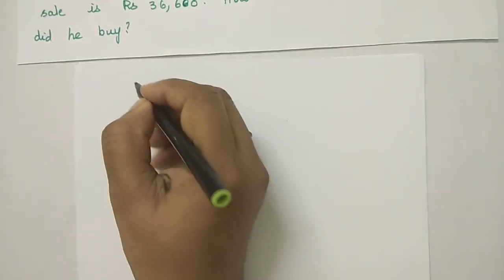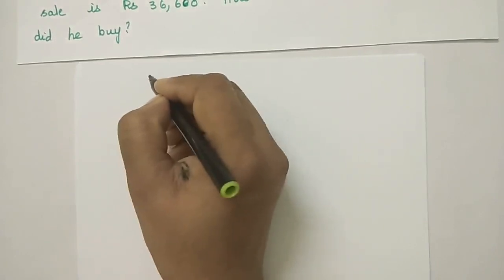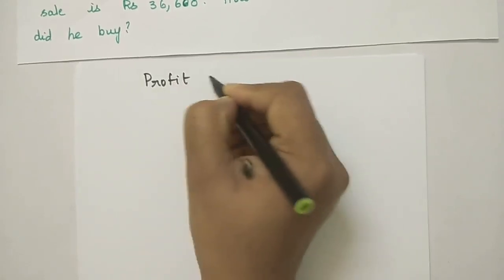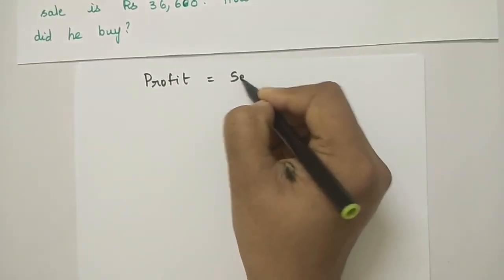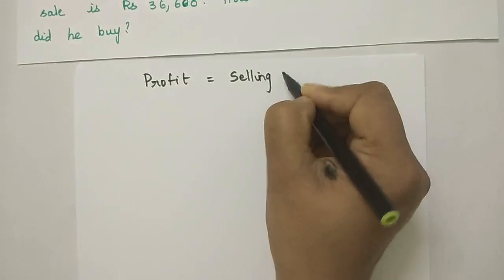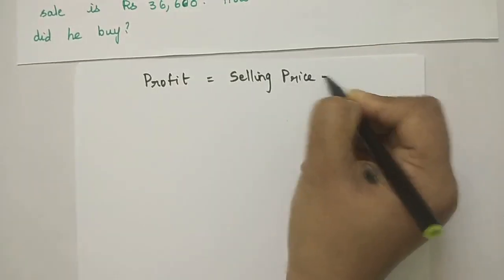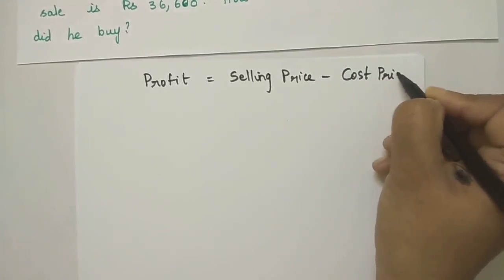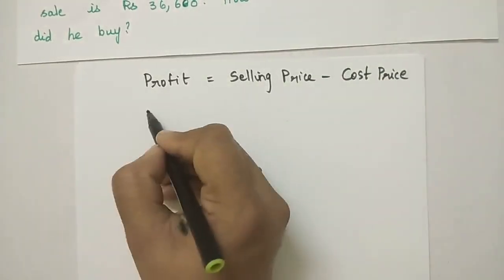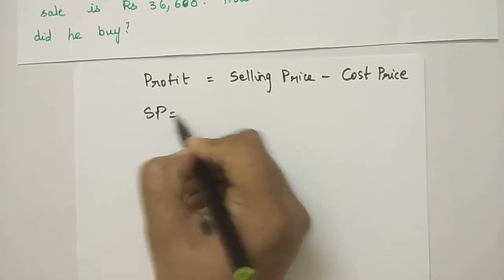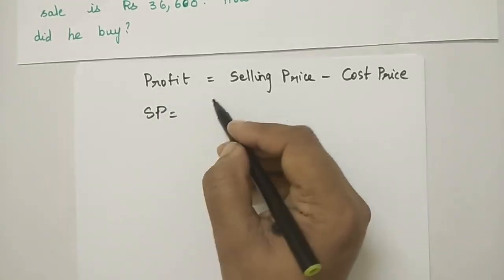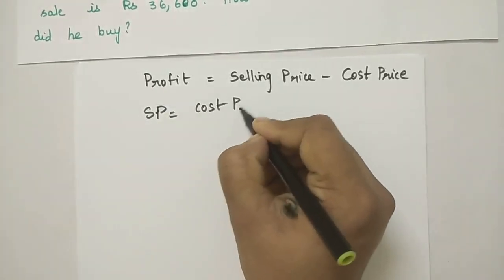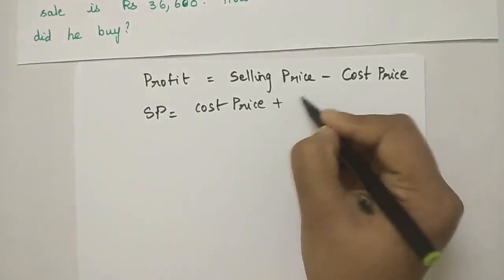So usually the relation between the profit, selling price and cost price is profit is equal to selling price minus cost price, is it not? So we want selling price. Selling price, SP, is equal to cost price plus profit.